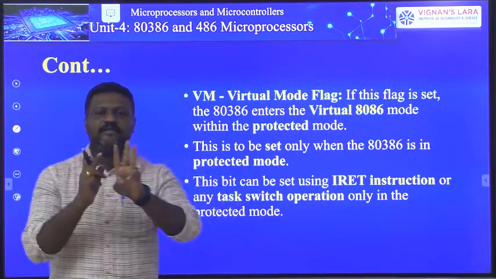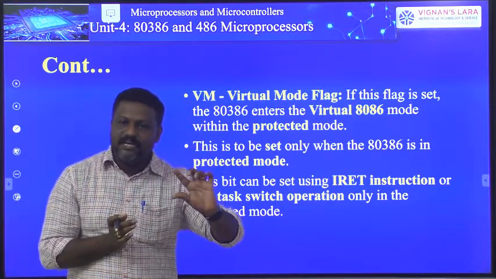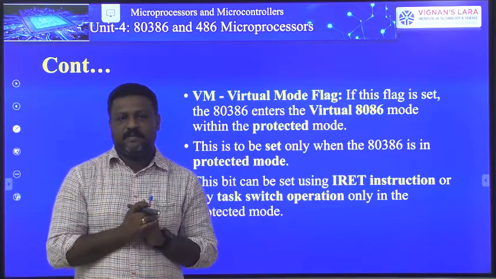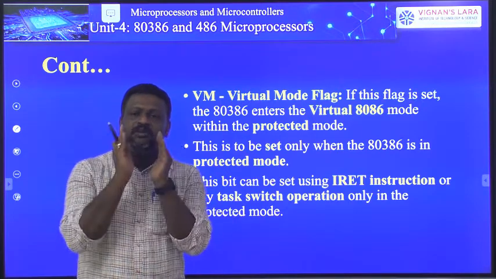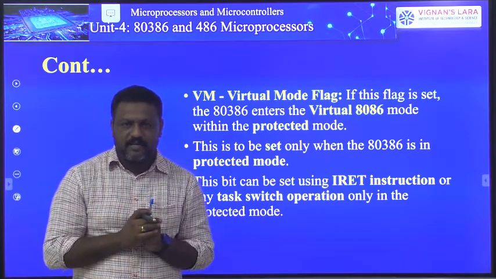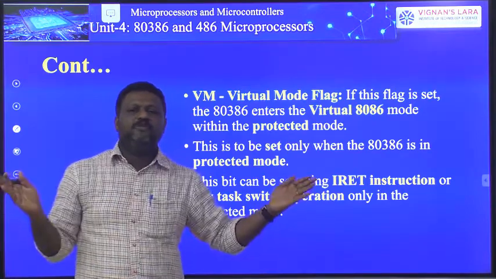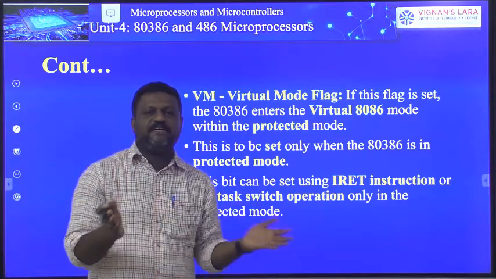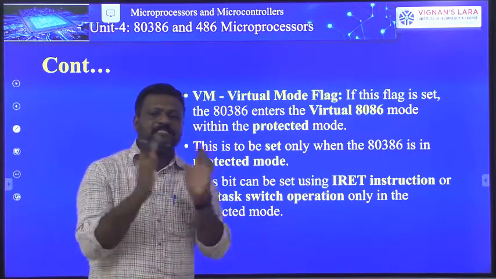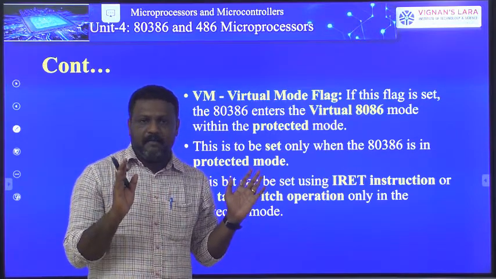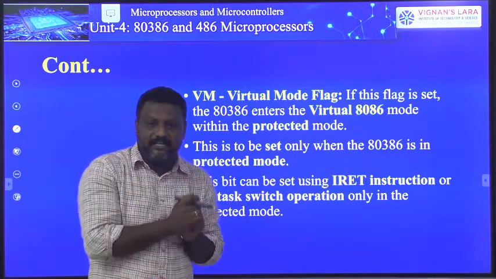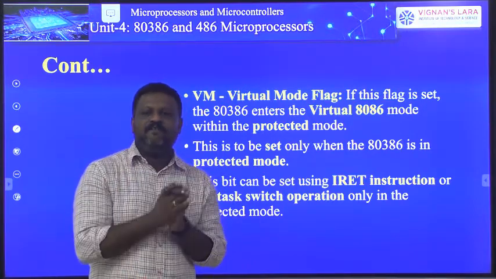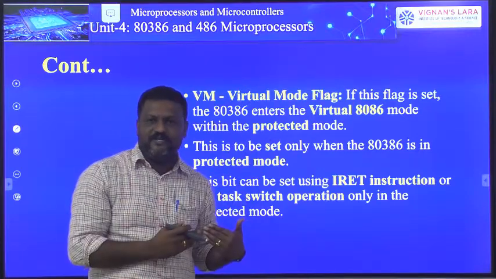Generally, your 80386 operates in 3 different modes. One is real mode, the second one is protected mode, and the third one is virtual 86 mode. Once your 80386 is in protected mode, its behavior is completely that of an 80386 itself. That means you can use all the features of 80386 effectively, and it will do its operations maximum on 32 bits. But once your 80386 is in protected mode, if I want to execute some 8086 programs, I need not come back to real mode of 80386.